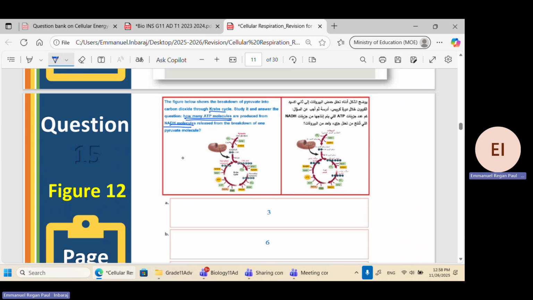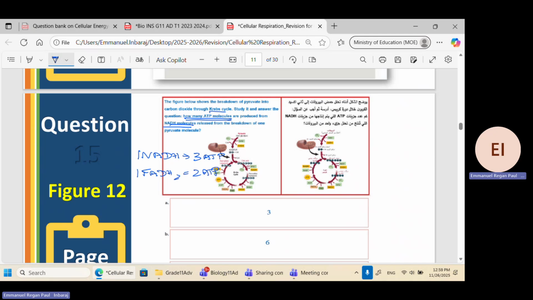Remember, one more thing I want to tell you. Now you have NADH and you have FADH2. What you should understand is this happens in the next stage. One NADH will give you 3 ATP molecules, and one FADH2 will give you 2 ATP molecules.